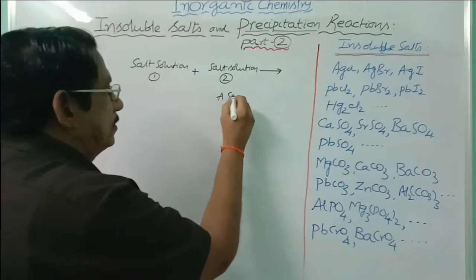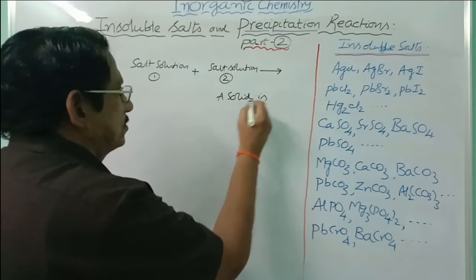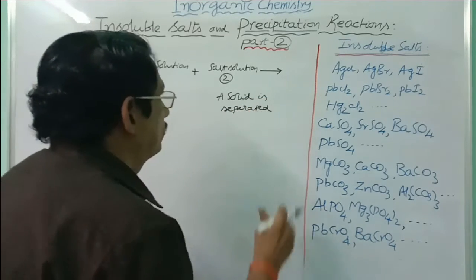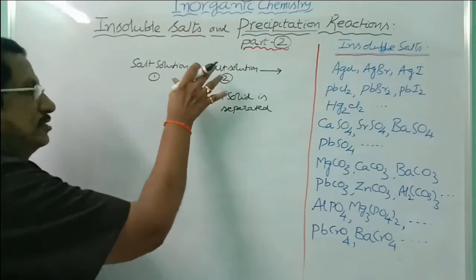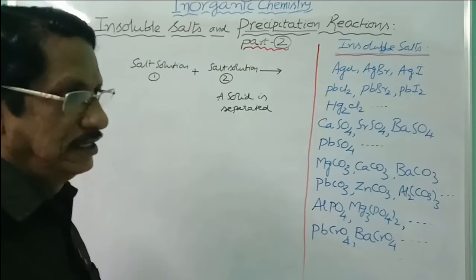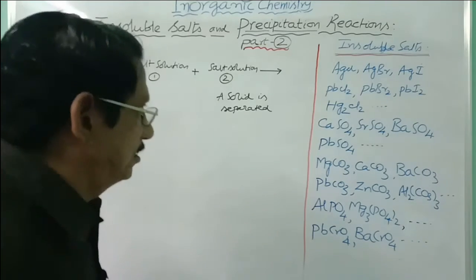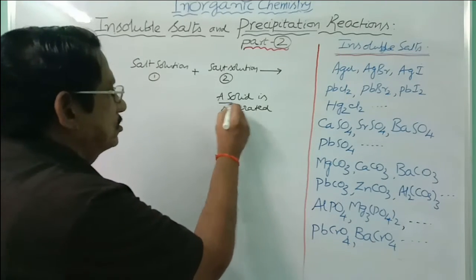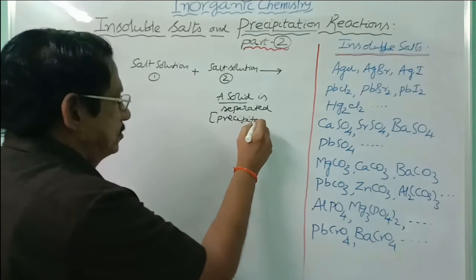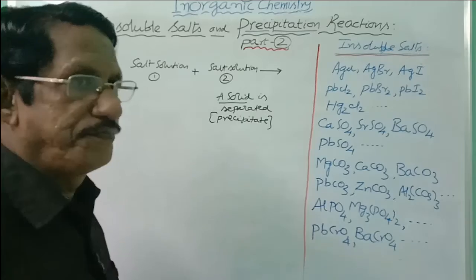A solid is separated from this combination of these solutions. If at all a solid is separated, then that solid is called precipitate.